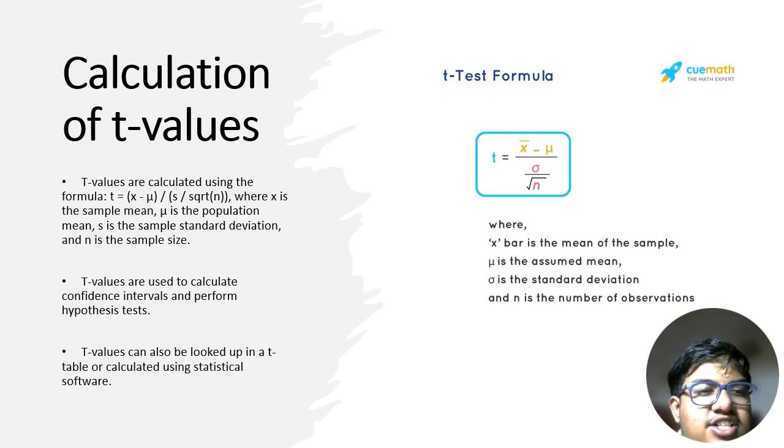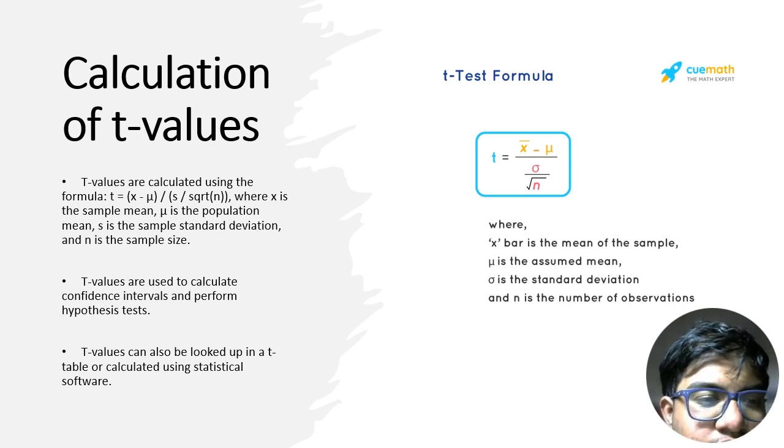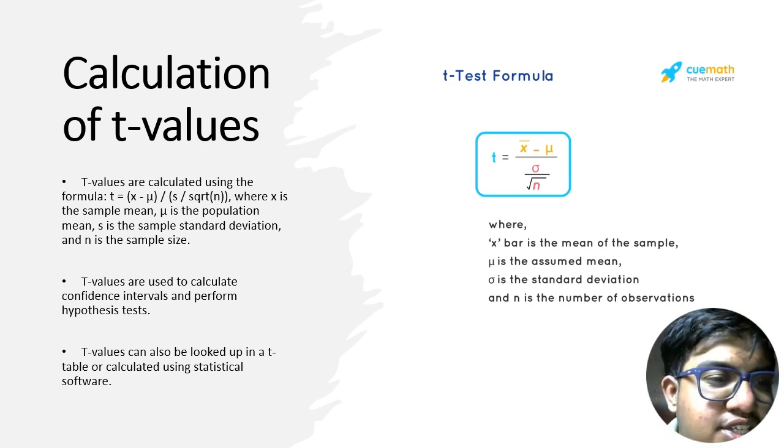So, calculation of t values. T values are calculated using the formula t = (x − μ) / (S / √n), where x is the sample mean, μ is the population mean, S is the sample standard deviation, and n is the sample size.